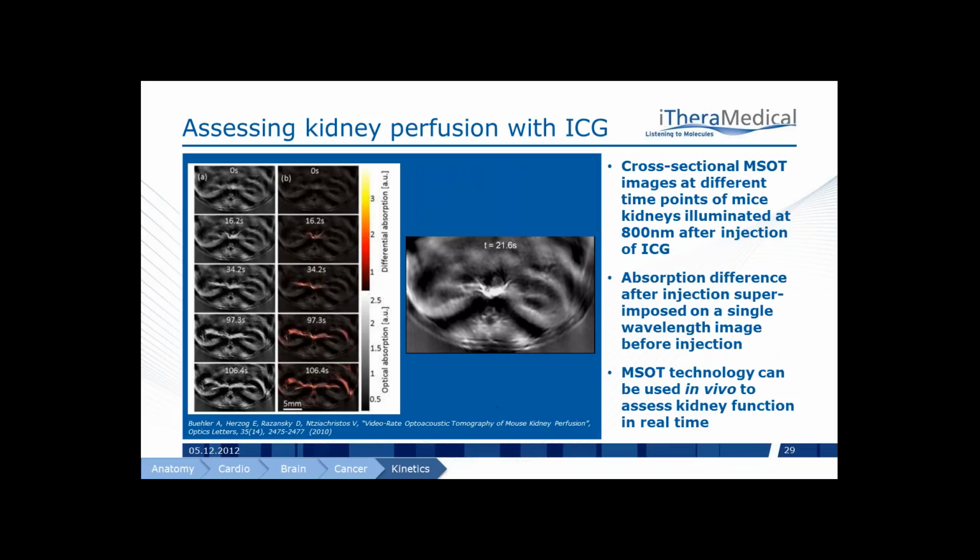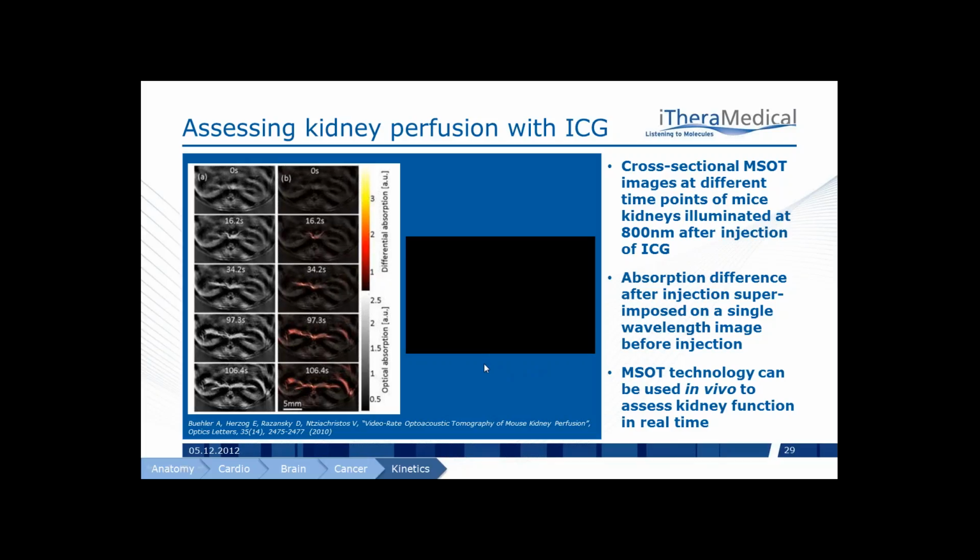You can clearly see the ICG coming into the kidneys and starting to circulate. So you can see this behavior and absorption difference after injection superimposed on a single wavelength image in this case. So using this technology, you can assess kidney function in vivo by injecting a very harmless dye such as ICG.